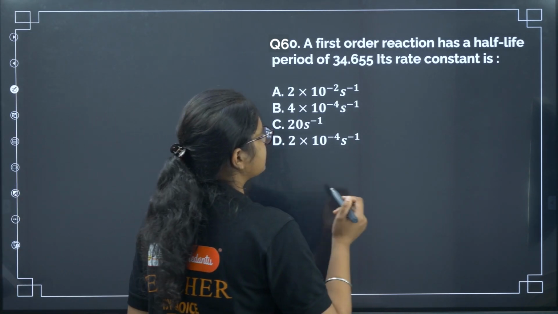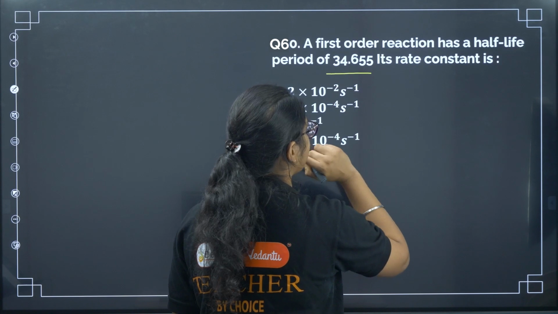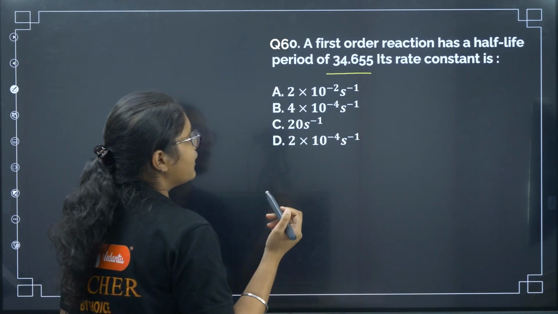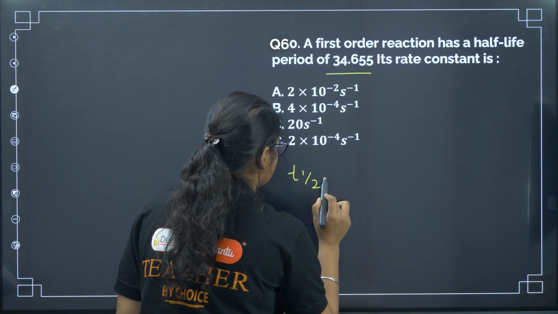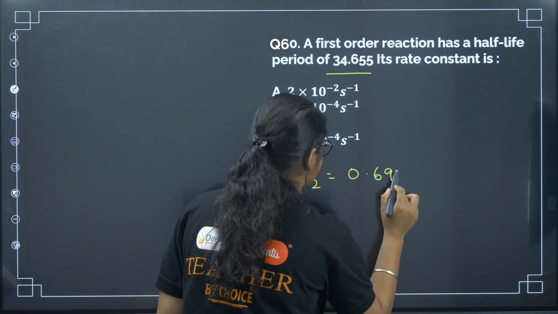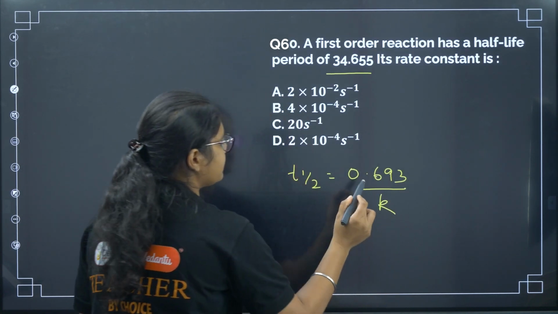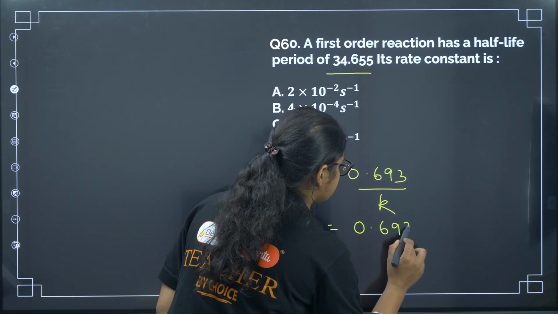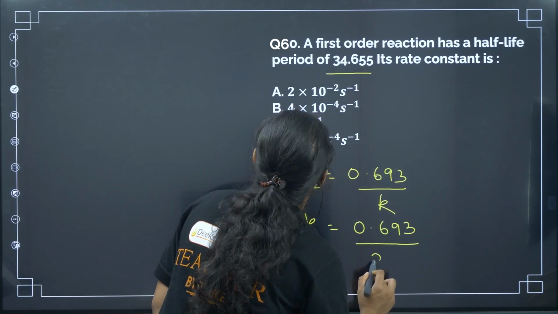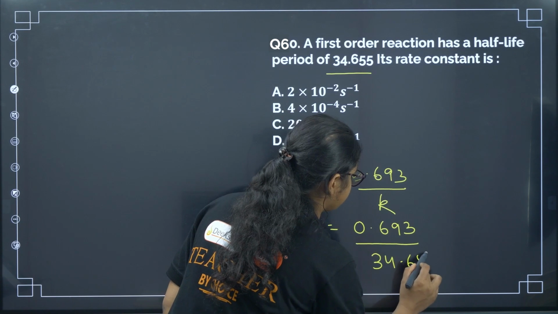A first order reaction has a half-life period of 34.655 seconds. Its rate constant is. So we have this formula, T half is equal to 0.693 by K, right? We need to calculate K. So K value will be equal to 0.693 by 34.655, right?